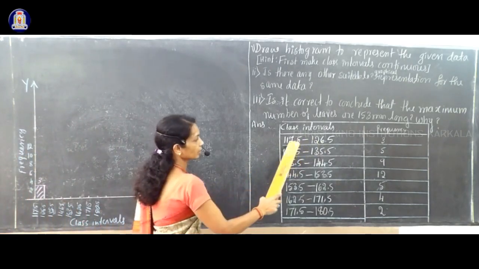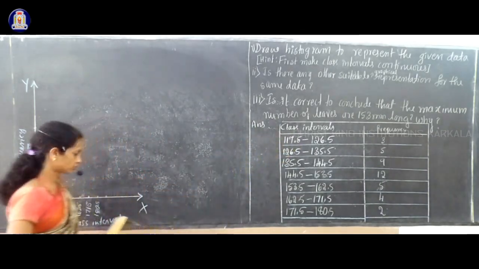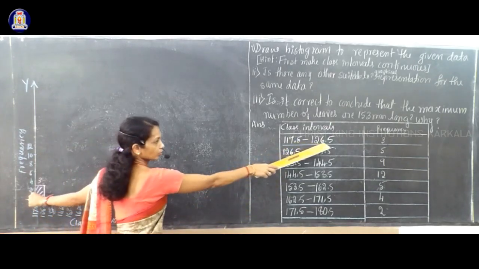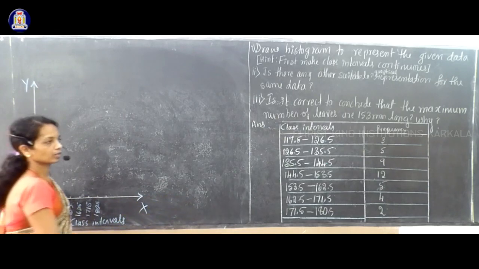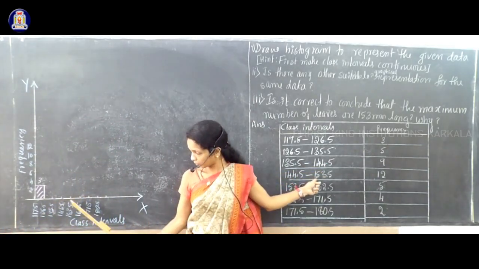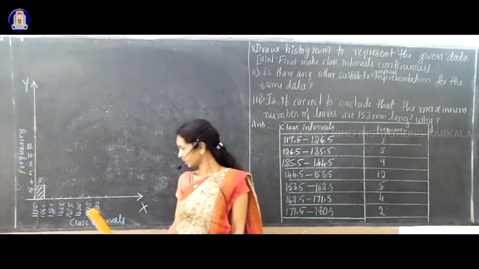The length of the class interval that I have taken, the first number you have to take is 117.5, and next one is 126.5, next point is 135.5, next point is 144.5, next point is 153.5, next point is 162.5, like that up to 180.5.